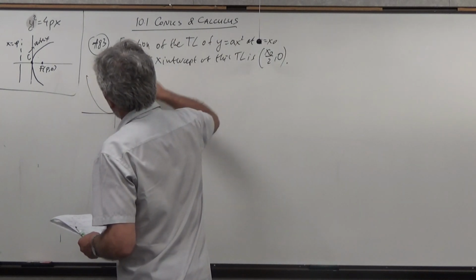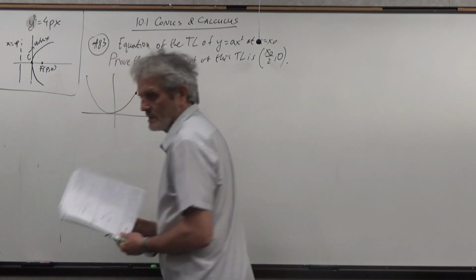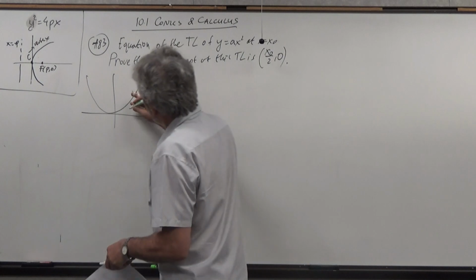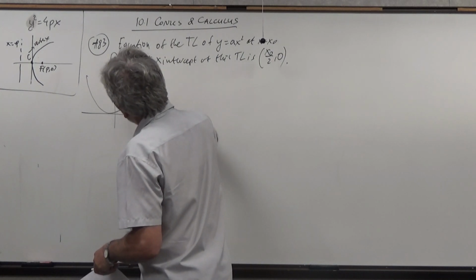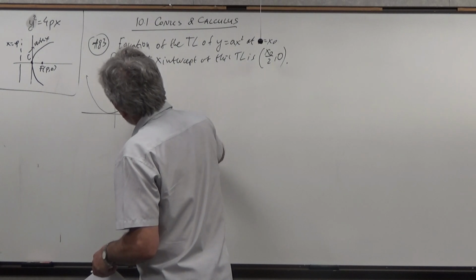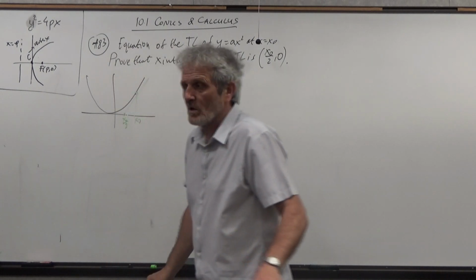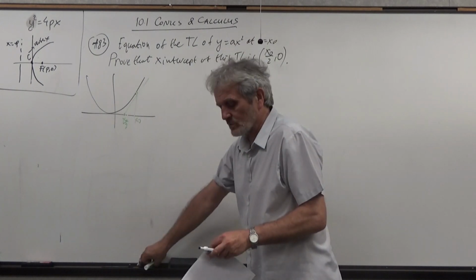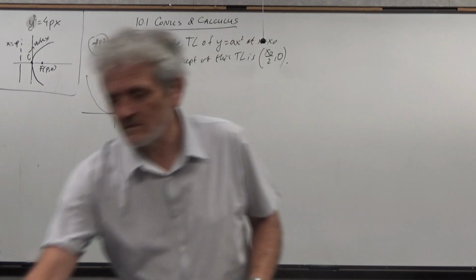It's a vertical parabola. So they want the equation through this point. And that equation says, so if this coordinate is x0, this coordinate is x0 over 2. There's nothing really here for us to learn, more to demonstrate what we learned in calculus 1.